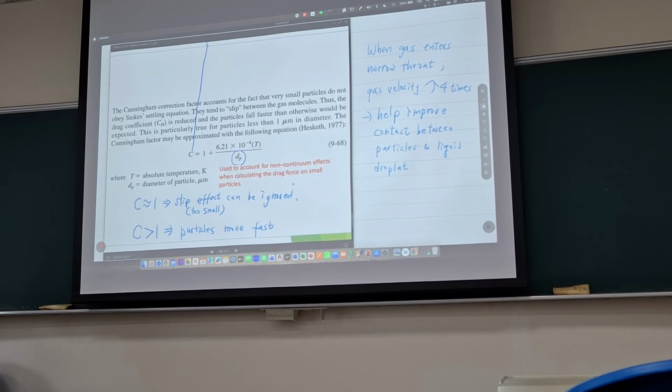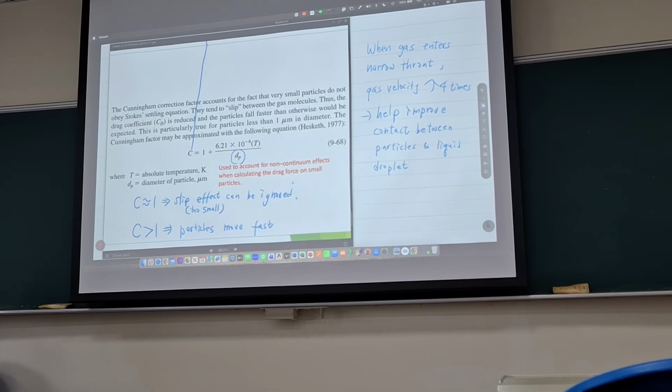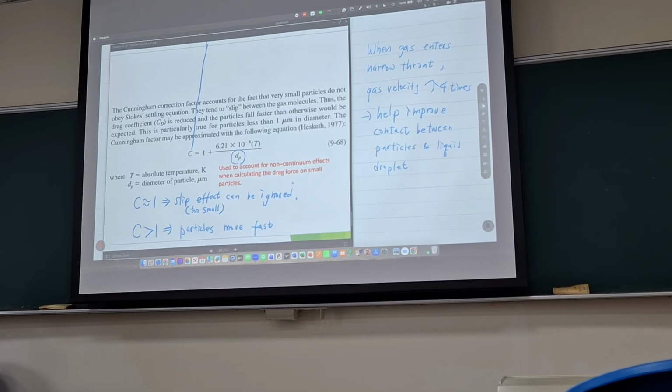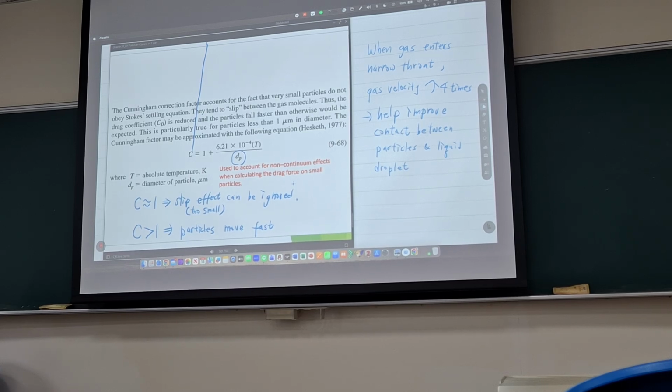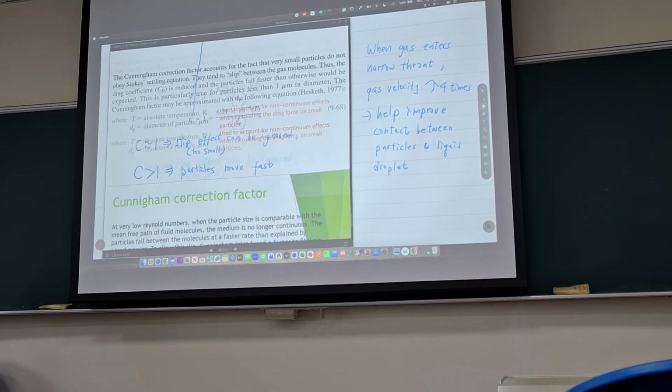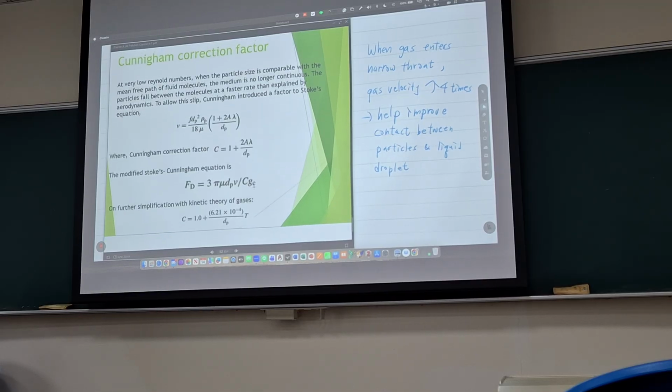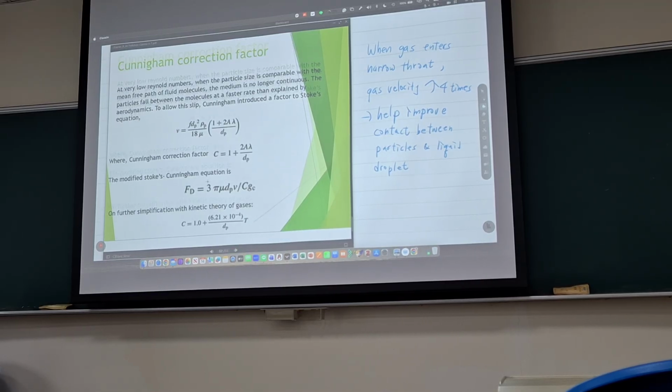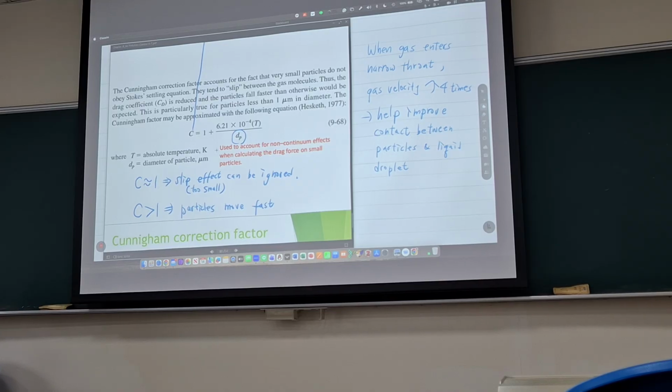Have you learned this? Counting and correction? Not yet in unit operation? Okay, so you probably haven't learned this before. I have one more slide that shows how to derive this.